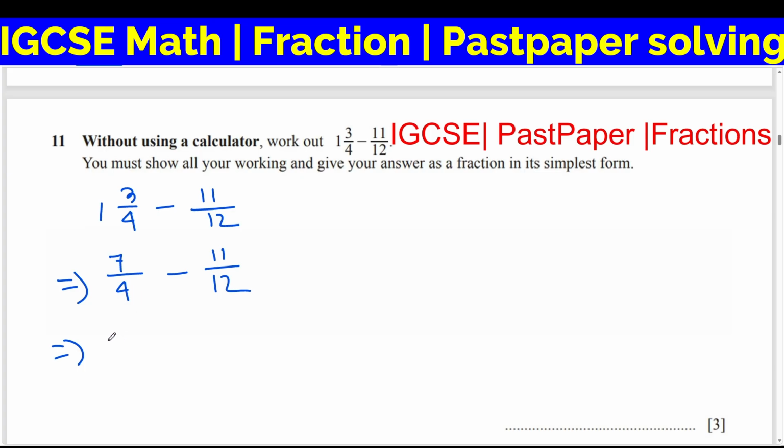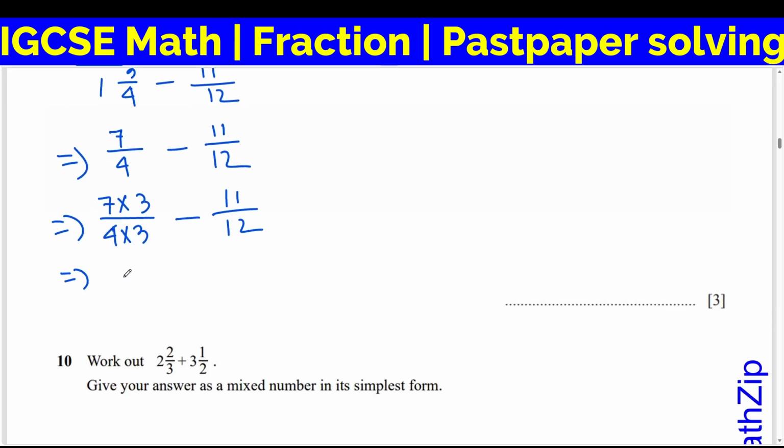It means 4 times 3, 4 times 3 is 12, and the same 7 times 3 minus 11/12. Now it's very simple. 7 times 3 is 21 minus 11/12. So here the denominators are the same, that means 21 minus 11 is 10. Our answer is 10/12.